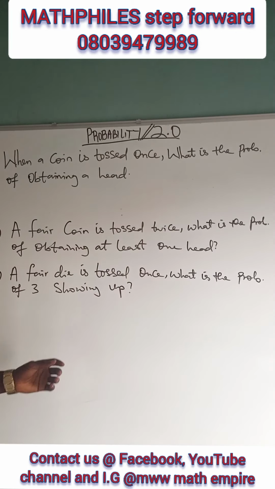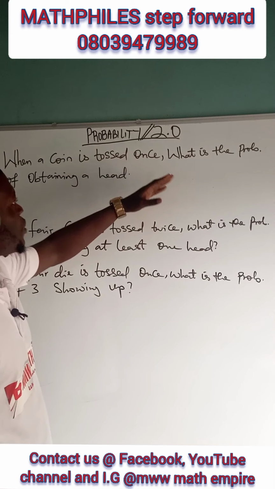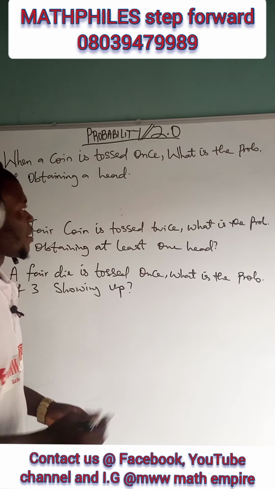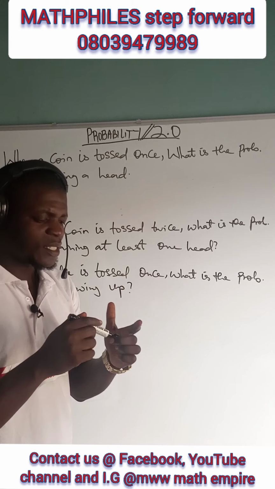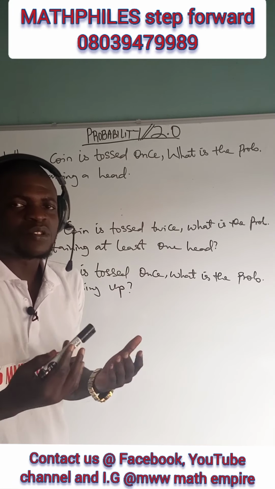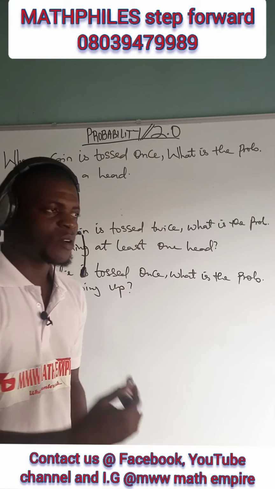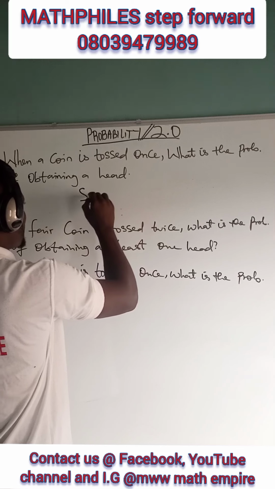All right. The first question reads, when a coin is tossed once, what is the probability of obtaining a head? The first thing you need to ask yourself is, what are the total outcomes? Another word for total outcome is sample space.